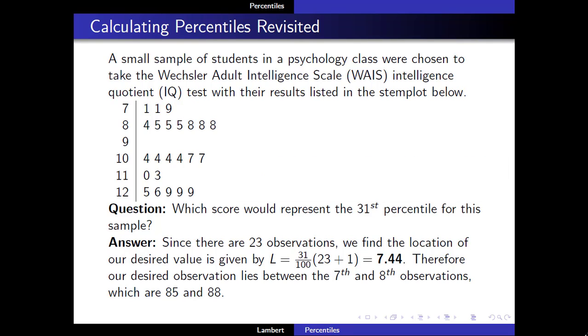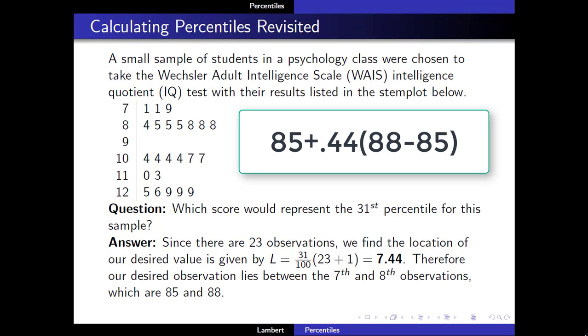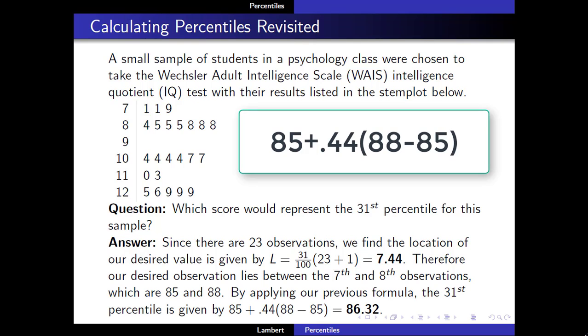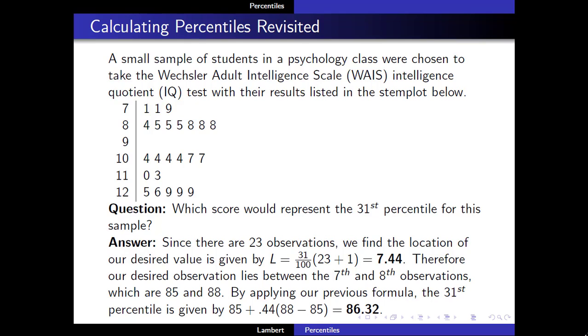So the way we do that is we start with 85, and then we're going to add 0.44 times the difference of 88 and 85. So what you end up getting is 85 plus 0.44 times that quantity, 88 minus 85. At the end of the day, this finishes us off with 86 and 32 hundredths.